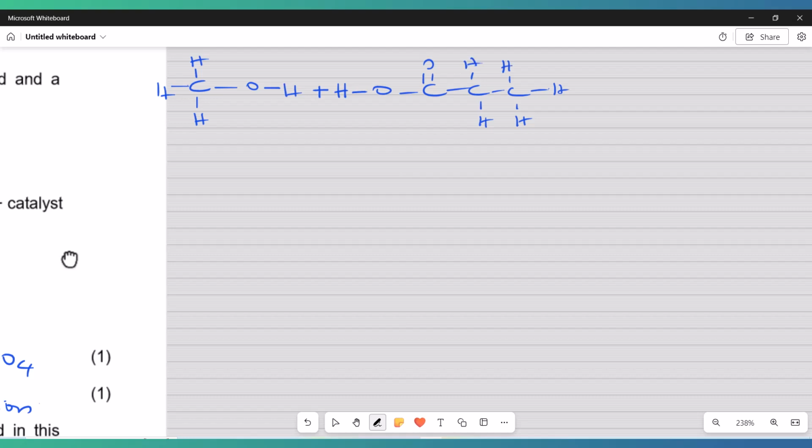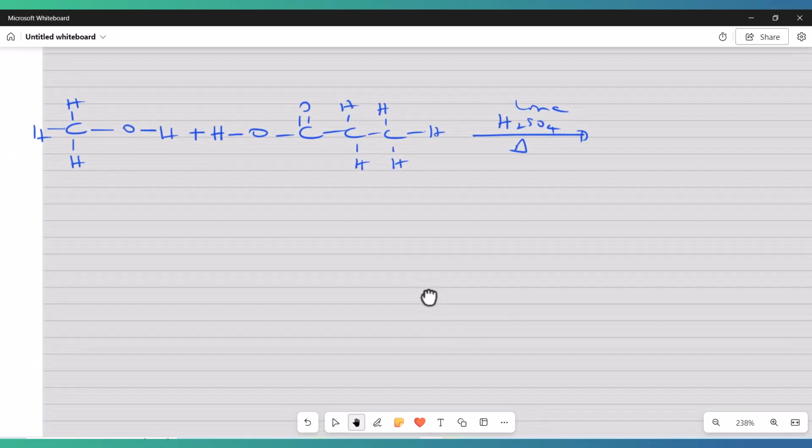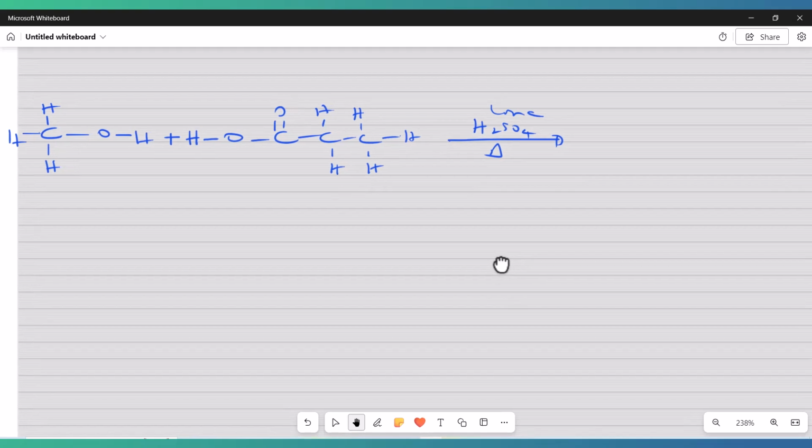Now when we heat this using the concentrated sulfuric acid, we're going to get methyl propanoate. Now the first carbon from methanol forms the methyl. Okay, like this. So this O came from the alcohol.